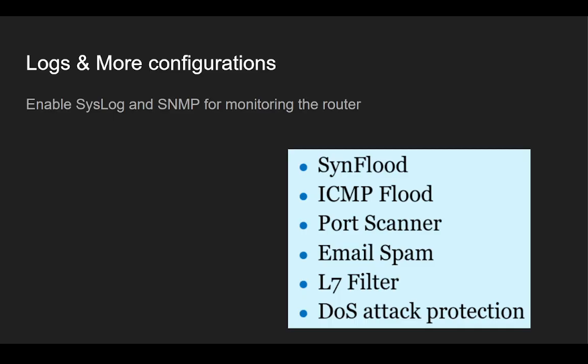You also enable syslog, and you have to connect to the syslog server. I also recommend an L7 filter. You are able to filter by domains. For example, if I don't want users to use WhatsApp or Facebook, you are able to do this configuration in the Mikrotik firewall.